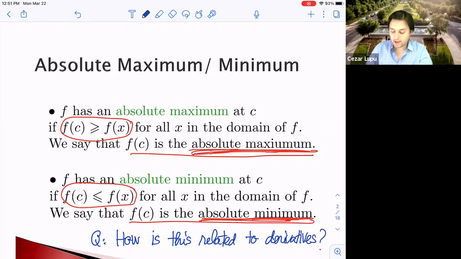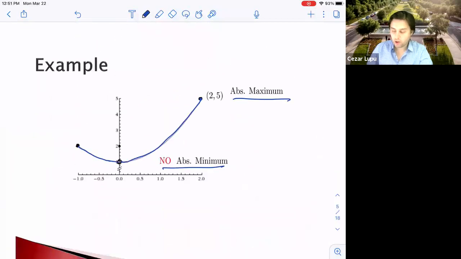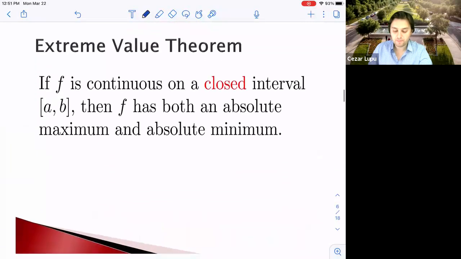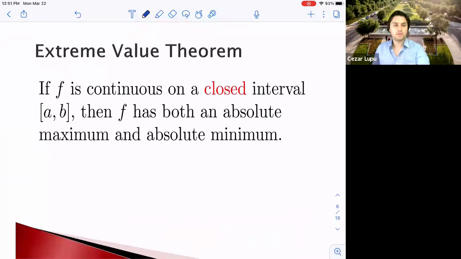And this will be related to what we will call the extreme value theorem. And the extreme value theorem has the following statement.